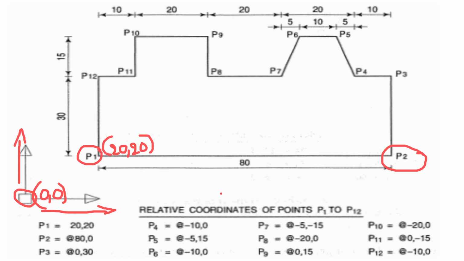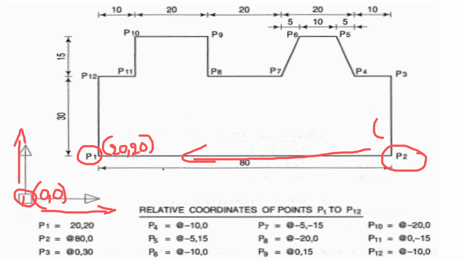But in the relative coordinate method, we will not consider our origin; we will consider the previous point. So when I want to write the coordinate for P2, I need to consider the previous point, and my previous point is P1.